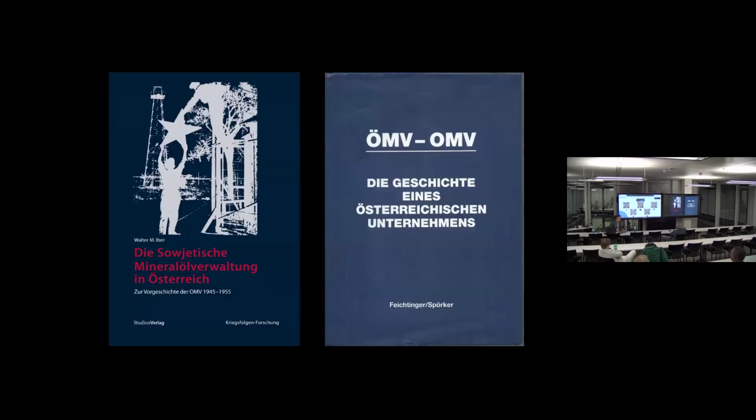Soviet history is quite well documented in interesting books, Die Sowjetische Mineralölverwaltung in Austria, by a historian called Walter Eber. If you're interested, it's a really very good book, and it's also documented in a book that wasn't really for sale, but was made in the OMV company with a lot of interesting historic material.